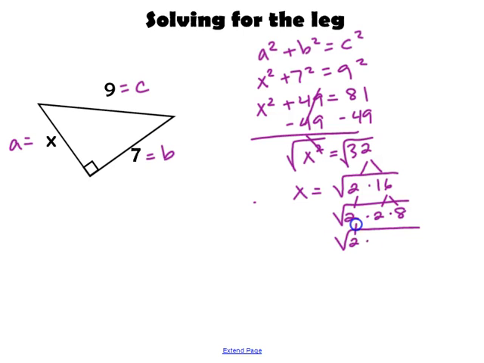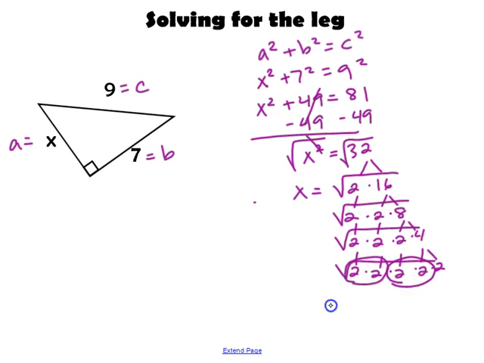The 2 comes down, this 2 comes down. 8 is equal to 2 times 4. 2 comes down, 2 comes down, 2 comes down, and then 4 is equal to 2 times 2. So now that 32 is broken down into its multiples of primes, we can group them in pairs of 2 so that we can take numbers out of underneath the radical.